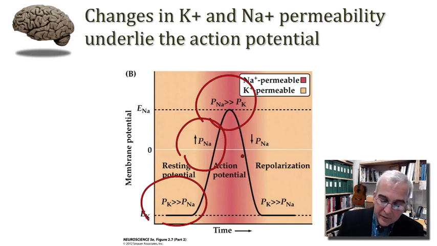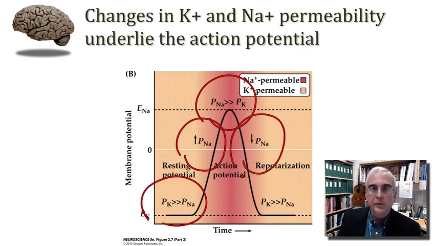The falling phase of the action potential involves a dramatic reduction of sodium permeability, and this is the inactivation of the sodium conductance. We'll talk about the molecular mechanisms for that inactivation in this tutorial. In addition, we know that the voltage and time dependency of the potassium conductance means that potassium permeability is rising at the same time that sodium permeability is collapsing.